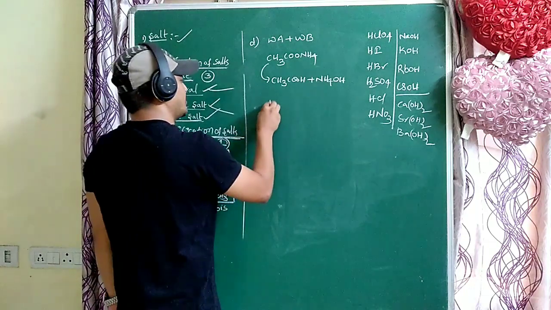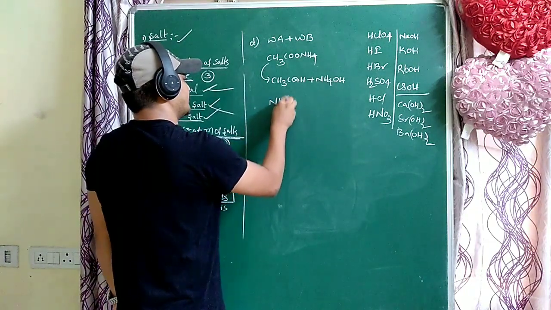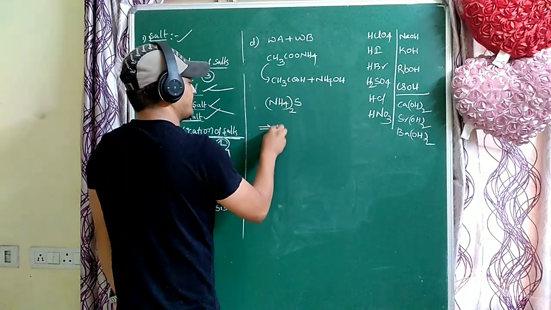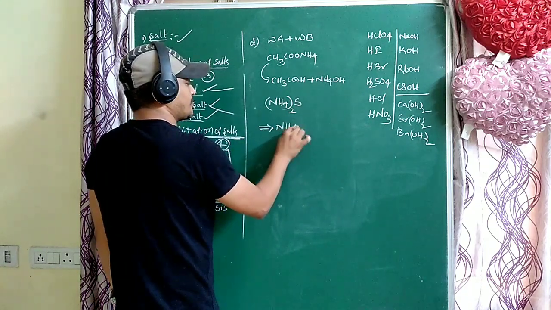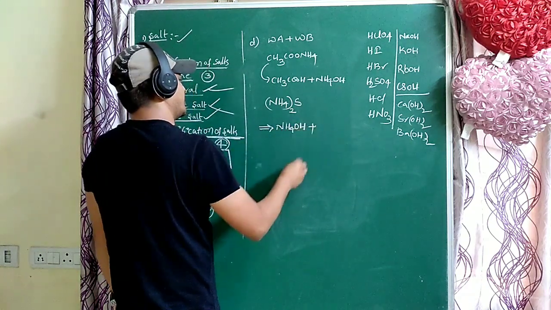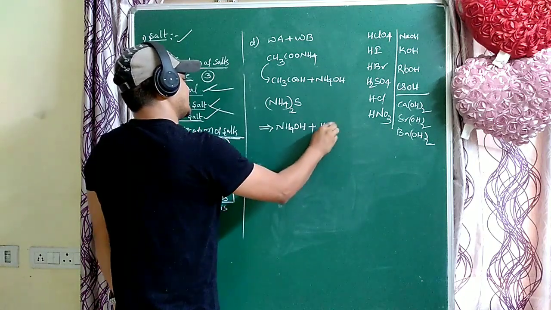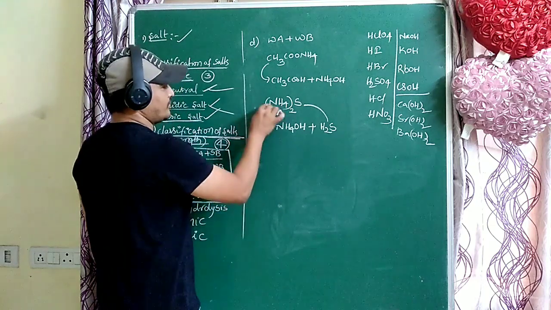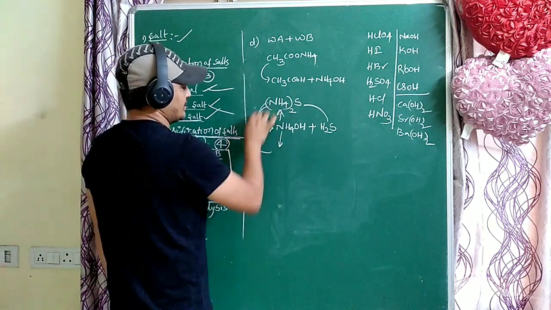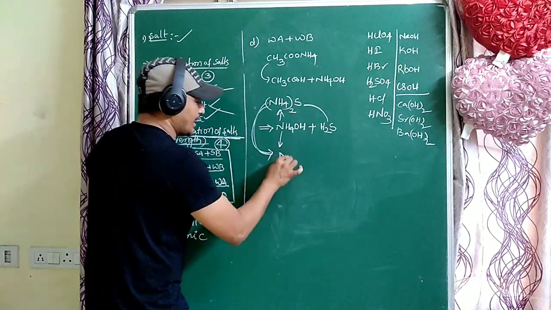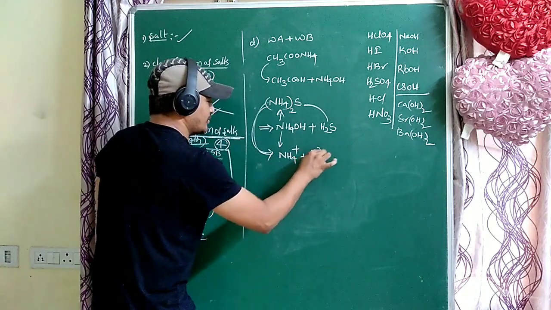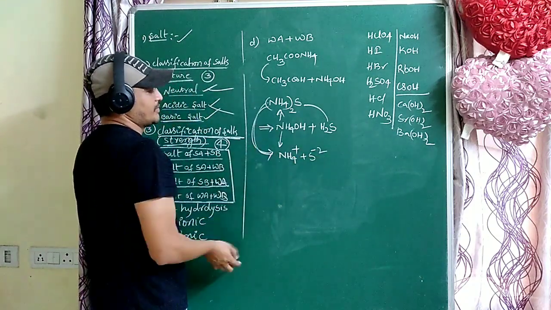For example, ammonium sulfide. This is prepared from NH4OH plus H2S. H2S is the weak acid and NH4OH is the weak base. So which ions are there in this salt? NH4+ and S2-.